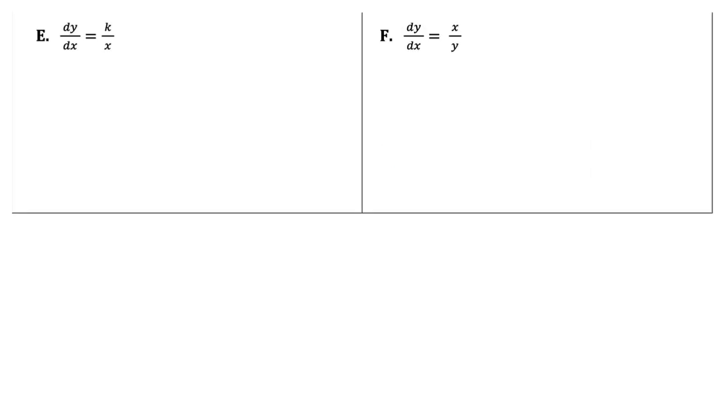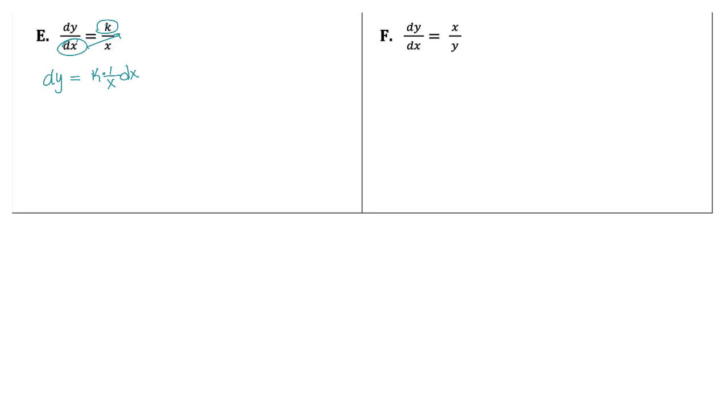Okay, and these last two, you again are going to move everything around, but here we're going to move that over to the top there, so there's no reason to move k, it's just a constant sitting there. So we have dy equals, and really we've got k times 1 over x dx.